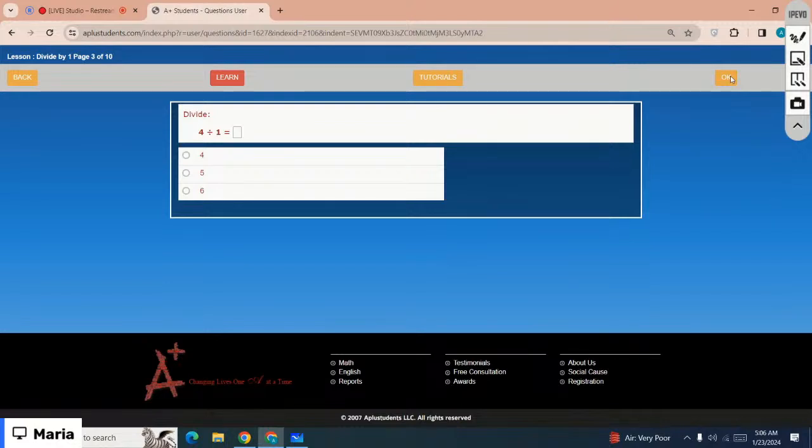4 divided by 1 equals, whatever number you are dividing by 1, the answer is exactly the same number, right? So 4 divided by 1 is 4.